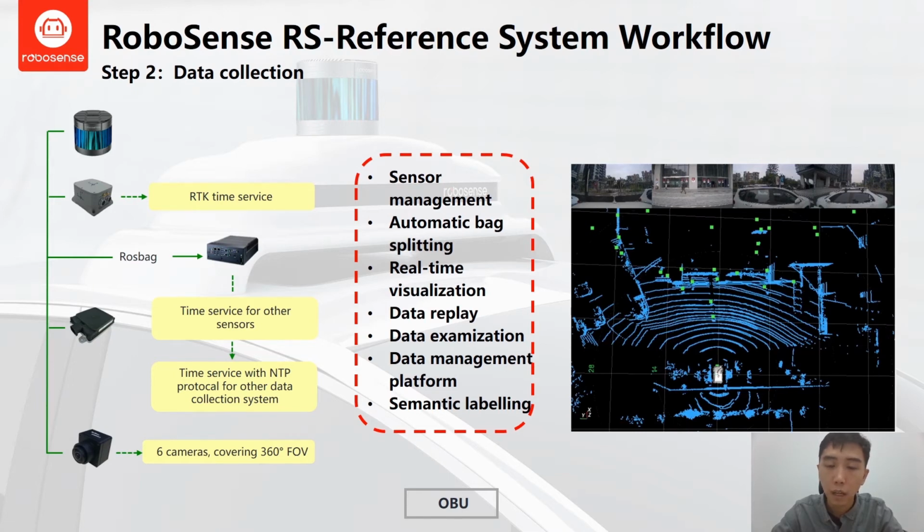Another reason to split the bag is semantic labeling. For a good test, we don't only consider the quantity of test data, we consider more about the quality of the test data.